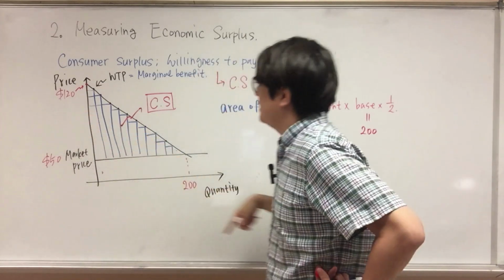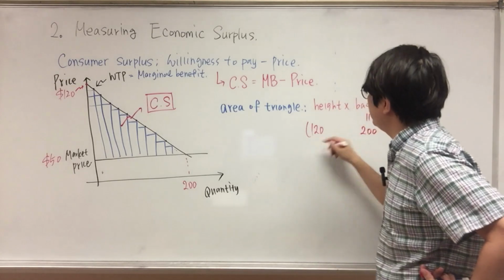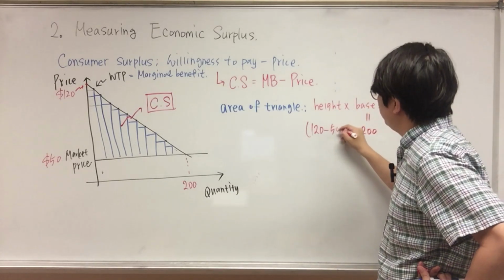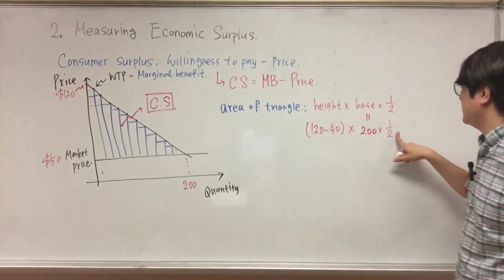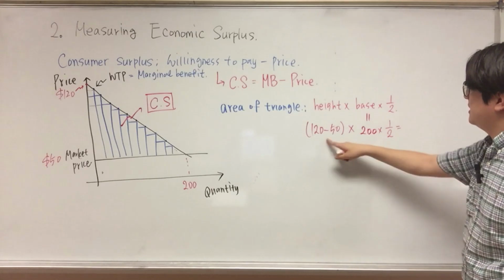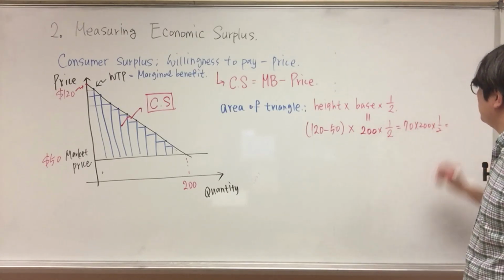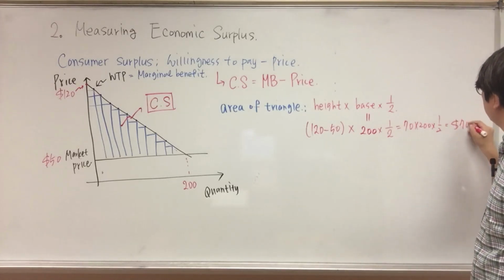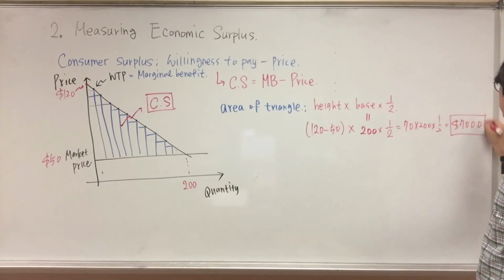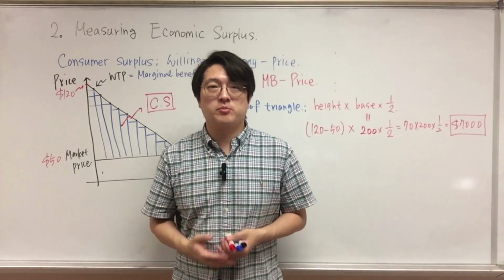So 120 minus 50, and then we multiply by 1/2. That is 70 times 200 times 1/2, which is 7,000. That is the consumer surplus amount. This is the way to get the consumer surplus.